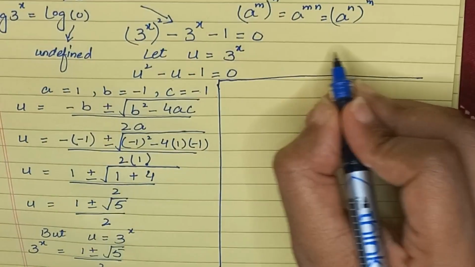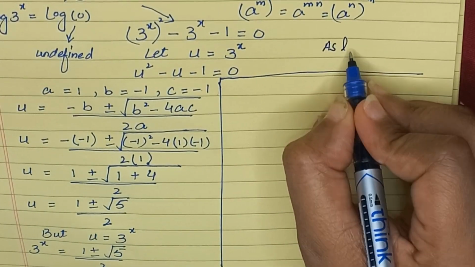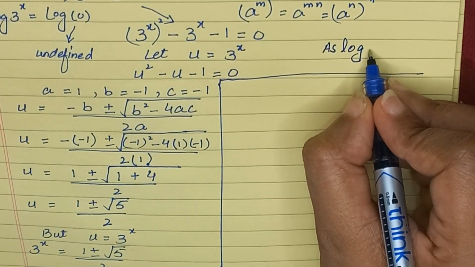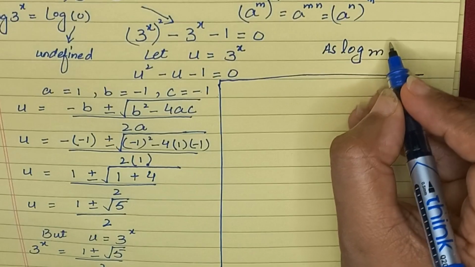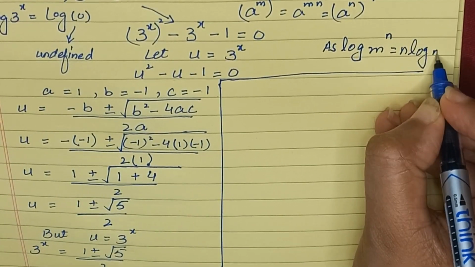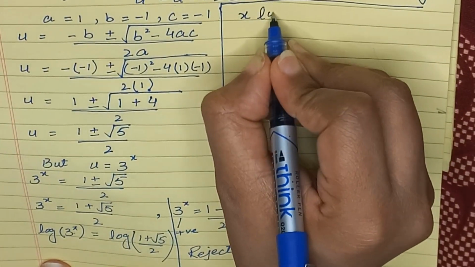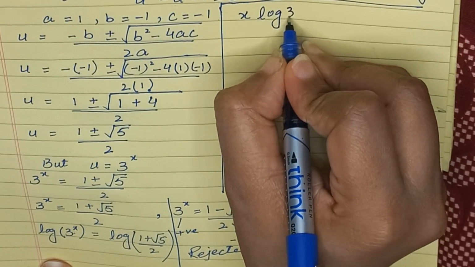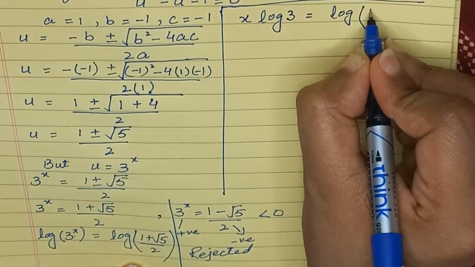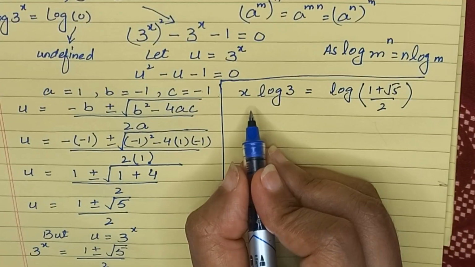As log of m raised to the power n is equal to n log of m, it can be written as x log 3 is equal to log of 1 plus square root of 5 divided by 2.